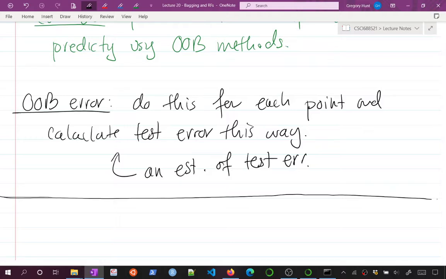And so you don't really need to do cross-validation for random forest, because on the way, you can just get for free what's called the out-of-bag error, where for each point you're predicting using a subset of those base learners that don't use that point in training, and therefore that's effectively an estimate of the testing error rate. And that's all you want to get out of a cross-validation, for example, or a test-train split.